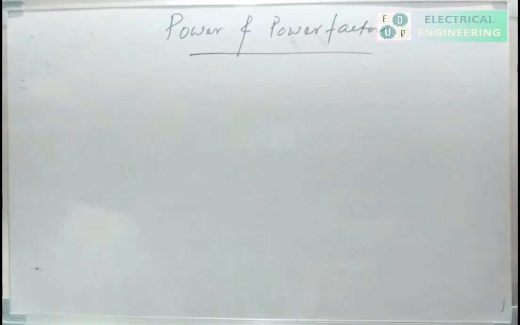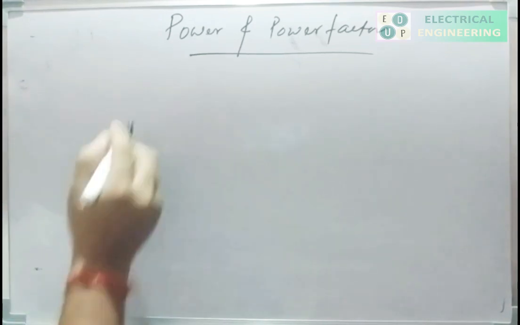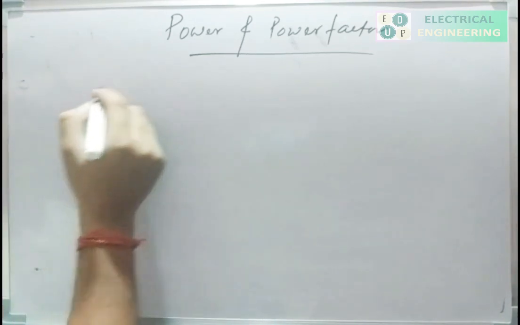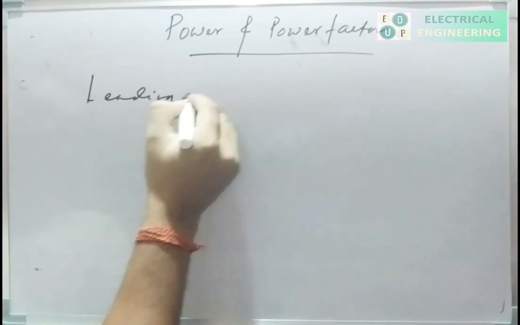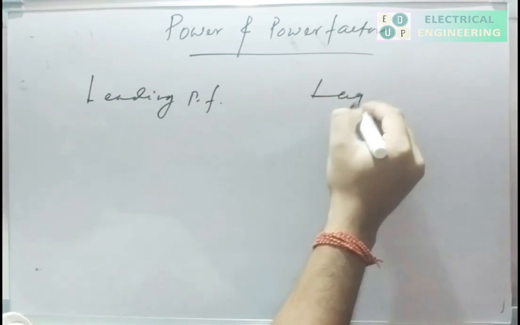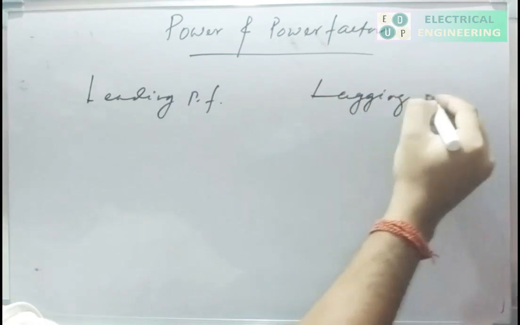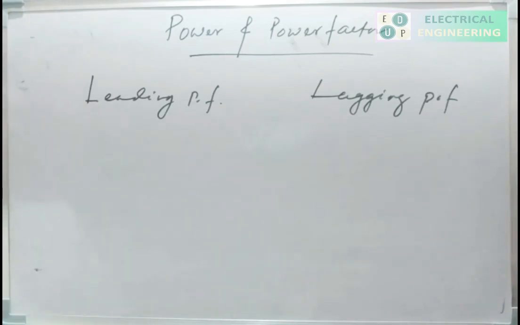So let us discuss some more points on power factor. We know power factor is of two types: leading power factor and lagging power factor, or you can say positive power factor and negative power factor.